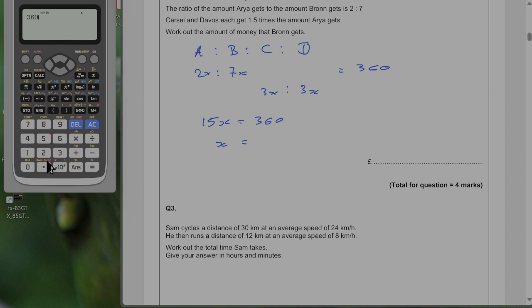We'll use calculator. I'm sure we can do that, but we're looking at 24. Yeah, 24. So x is going to be 24. So 7x is going to be 7 times that. So times by 7, 168. So Bron would get 168.